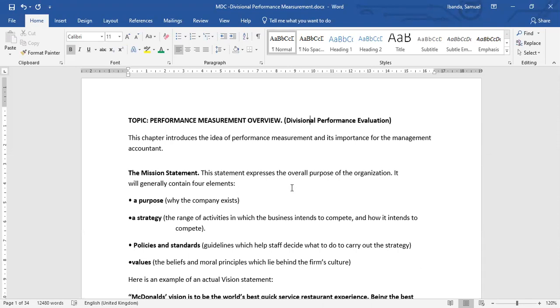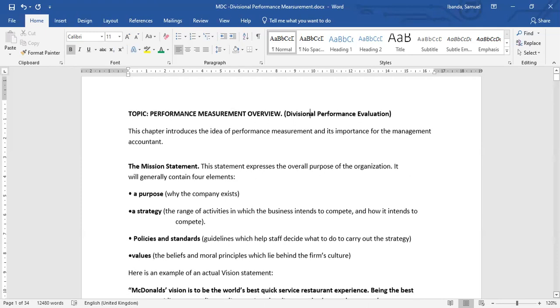And then also policies and standards. Basically here we're trying to look at how you run. What are the guidelines that guide your staff in carrying out the strategy, okay? And then the other are values, which are moral beliefs and principles, which foster your company's culture, okay?